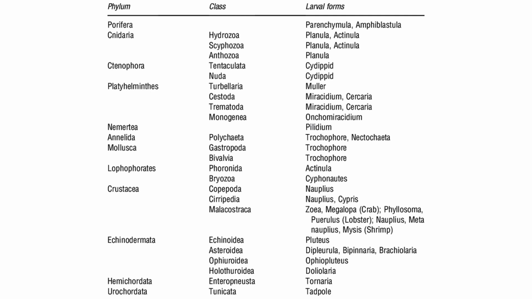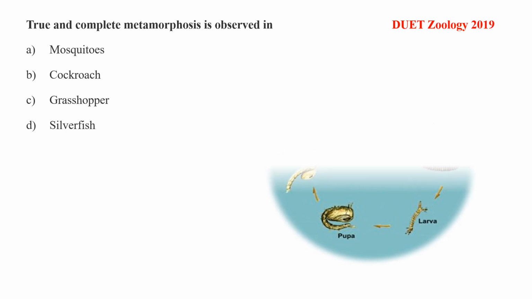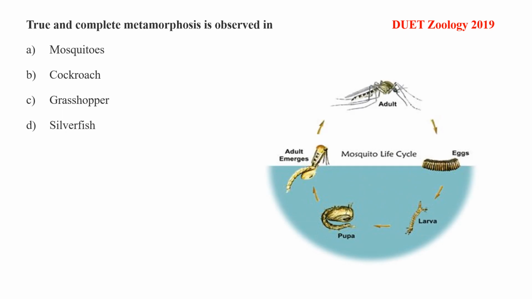True and complete metamorphosis is observed in... First of all, we should know what is true or complete metamorphosis. If an insect has all different looking, phenotypically or morphologically different forms during its life cycle, then it is called complete metamorphosis, and such insects are called holometabolous insects.